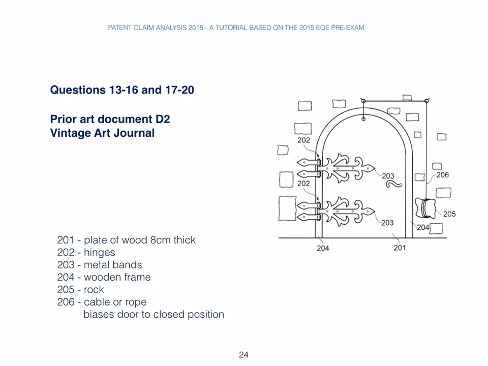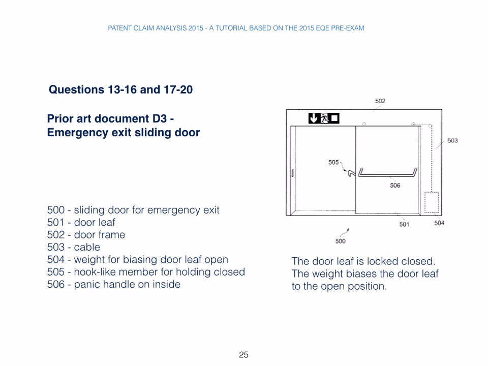Let's go then to document D3. We see the drawing of document D3. D3 is an emergency exit sliding door. Paragraph 1 says a door for an emergency exit, and it explains that people have to get out.